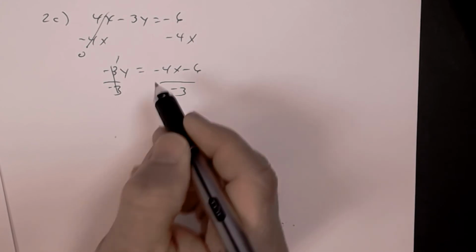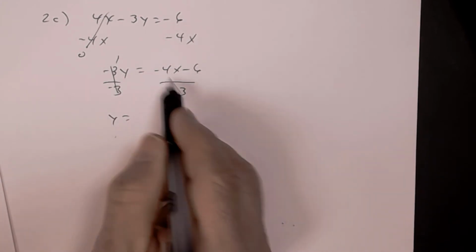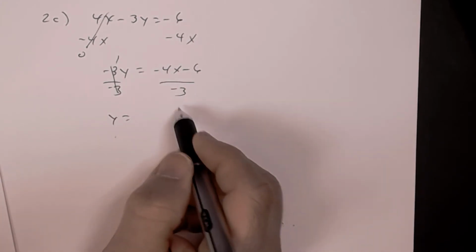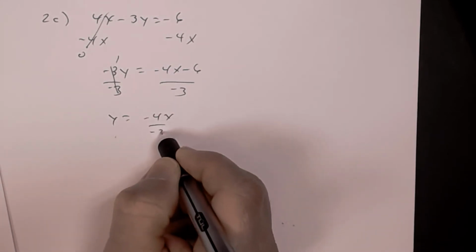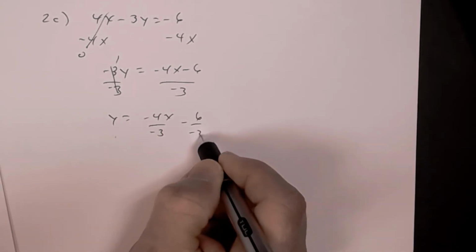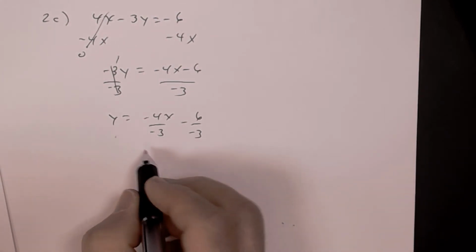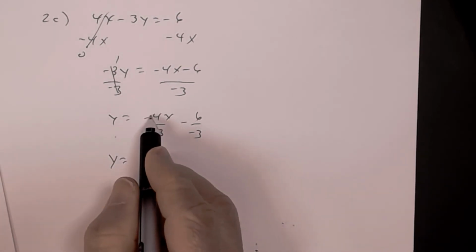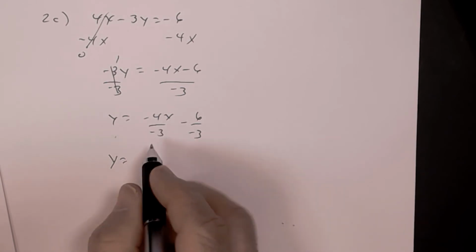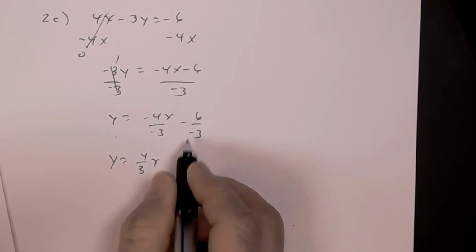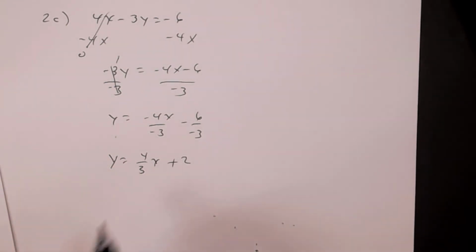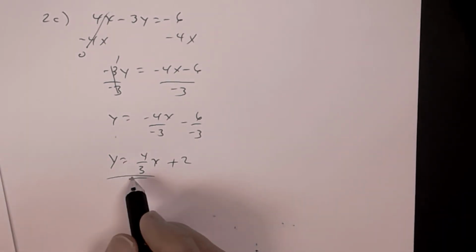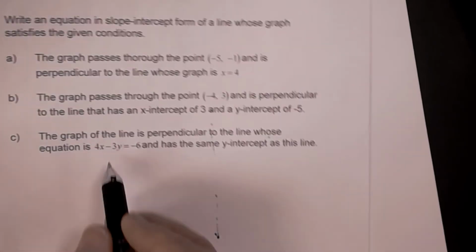You need to write this as two separate fractions: negative 4x divided by negative 3, and then minus 6 divided by negative 3. Remember, negative divided by negative is a positive. So this becomes 4/3 x, and negative 6 divided by negative 3 is a positive 2. So this right here is the slope-intercept form of this line.